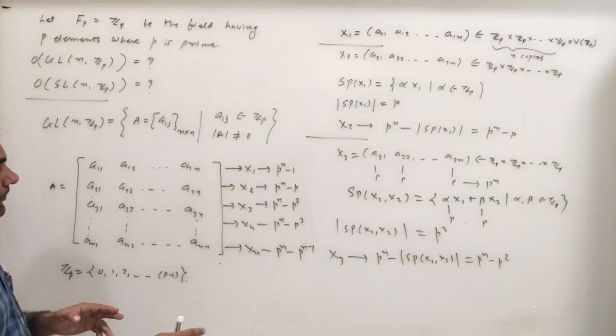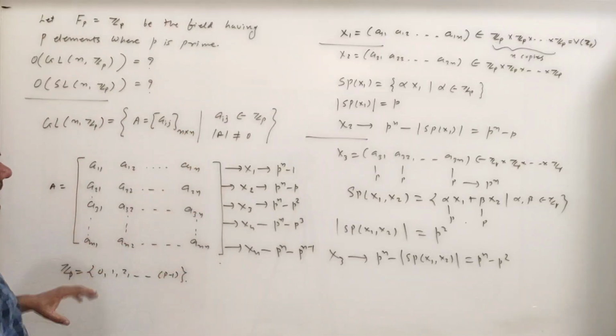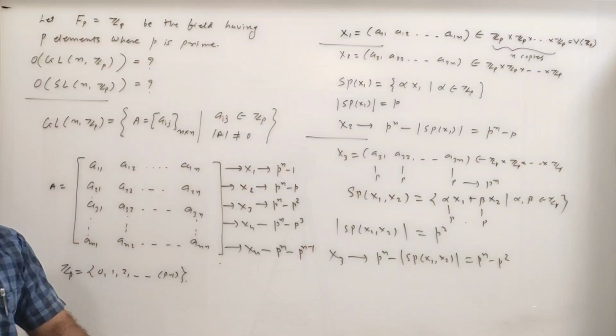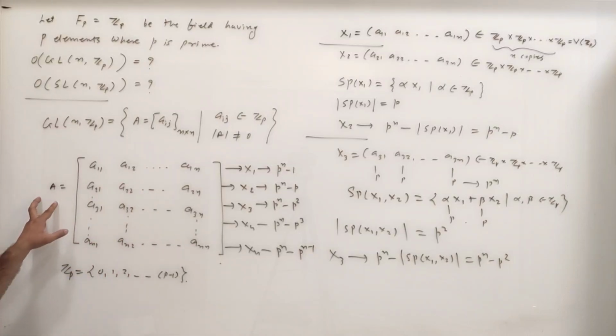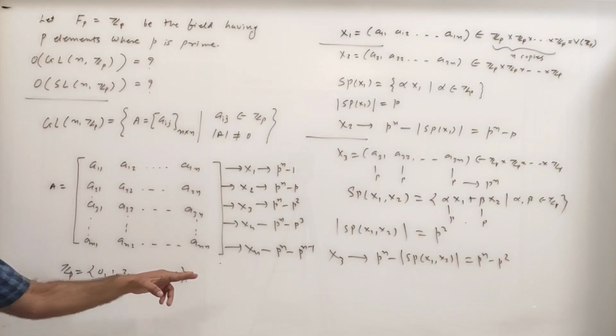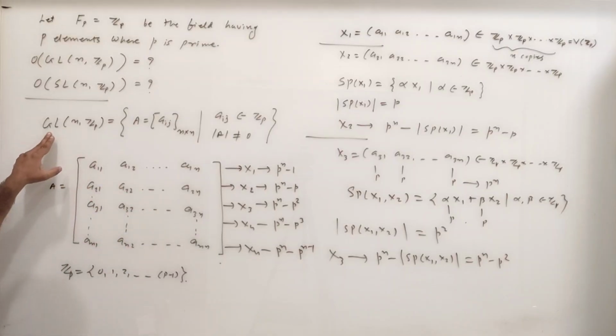In that case, no row is a scalar multiple of its previous one, and as a result all the rows are linearly independent, so the determinant of A is non-zero. You choose rows this way, and so on. So that many elements will be the elements of GL(n, Zp).